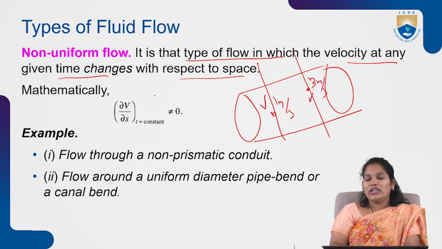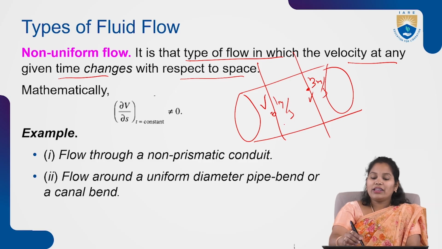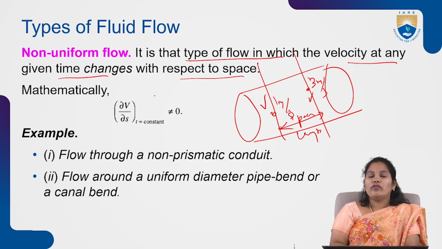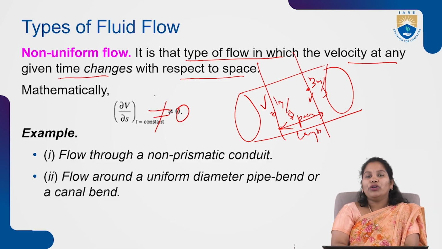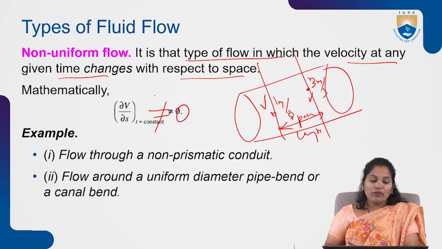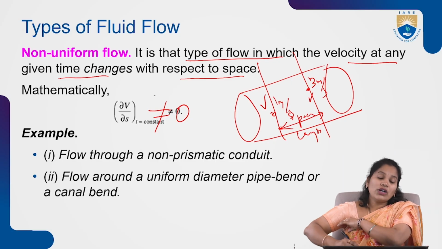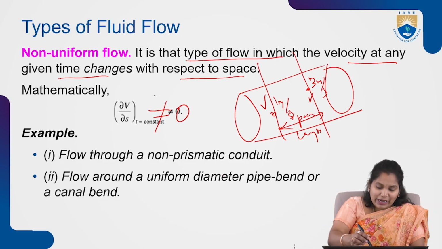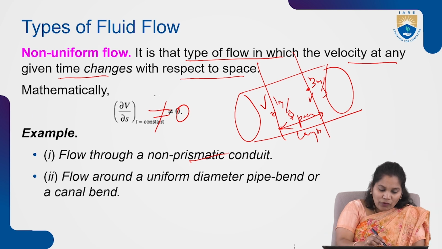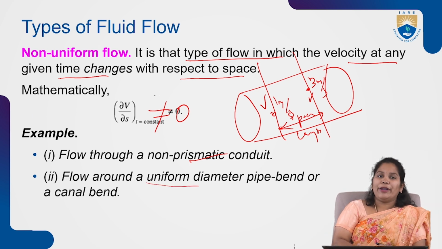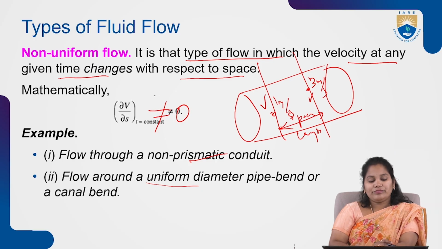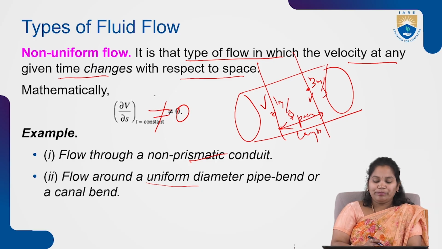We are seeing variation in the velocity over some distance, some length, some space, which is your non-uniform flow. That is not constant. The examples for this are flow through a non-prismatic conduit, flow around a pipe bend of uniform diameter, or a canal bend, right?